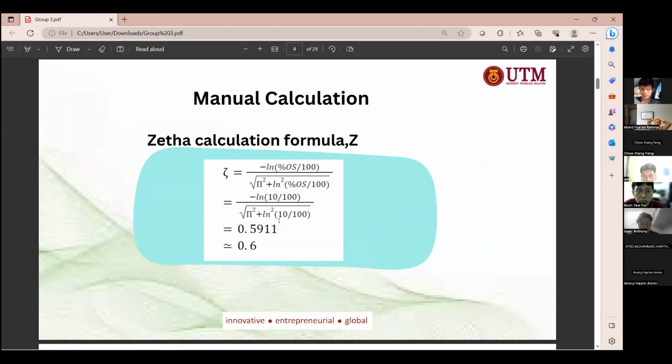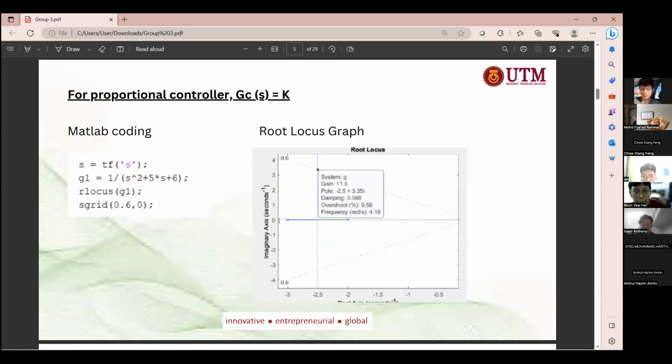Okay, this is how we find the zeta by calculation, or we can get it from the standard graph. Next.